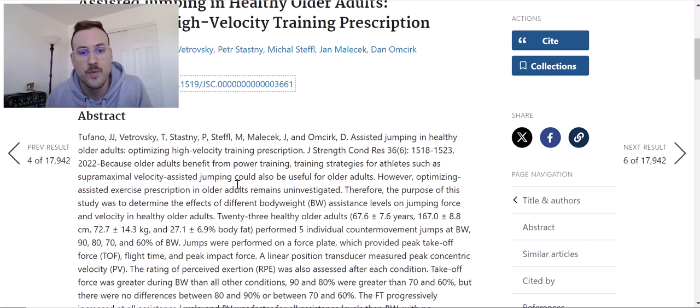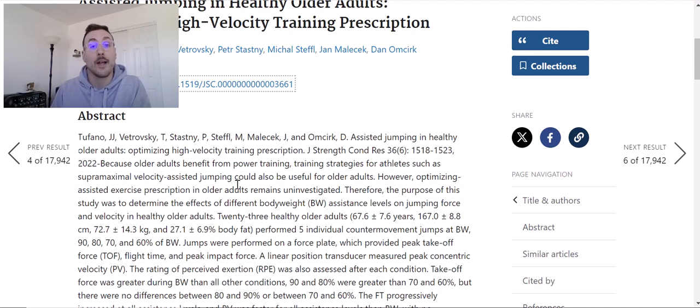Could also be useful for older adults. However, optimizing assisted exercise prescription in older adults remains uninvestigated. I love this phrasing, whoever wrote this. Love the words they're using. So this is saying, however, optimizing assisted exercise. So what's an assisted exercise?